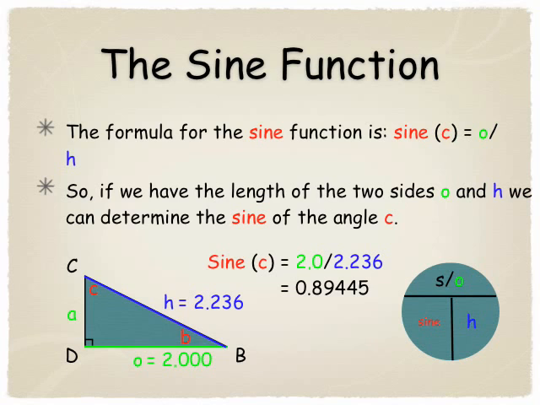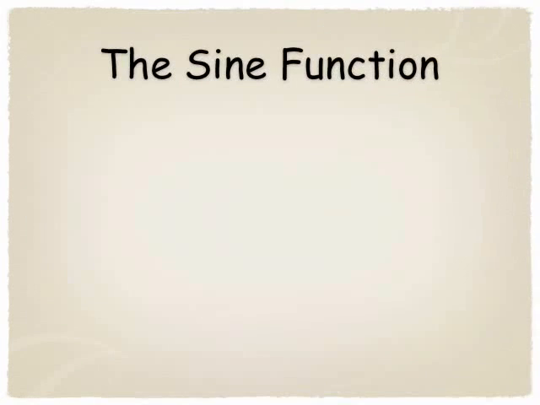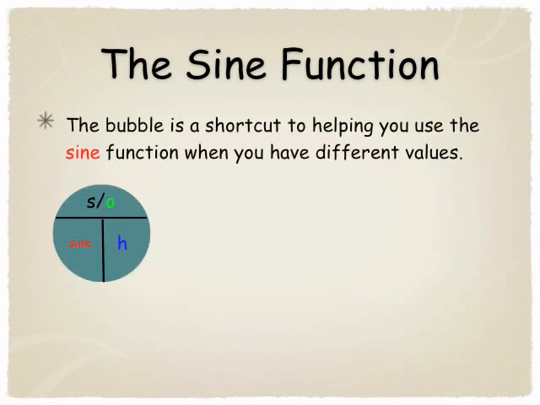We look up this number on the sine table or using a calculator, and this tells us that the angle is 63.44 degrees. We can use a bubble to help us with the sine function.